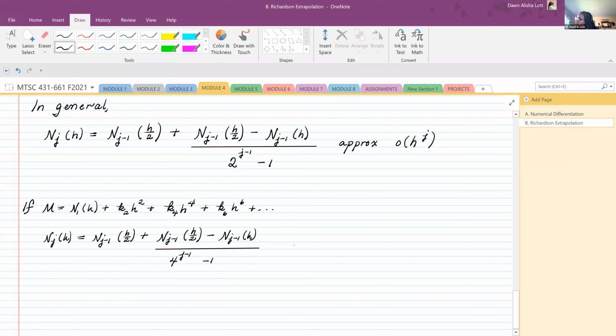And this is an approximation of order H to the 2j.